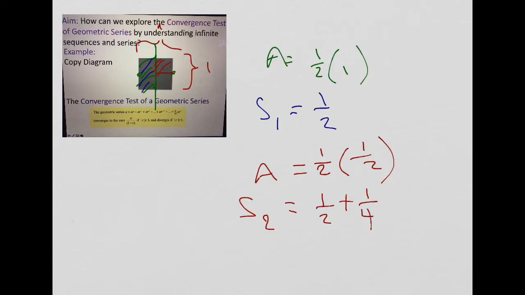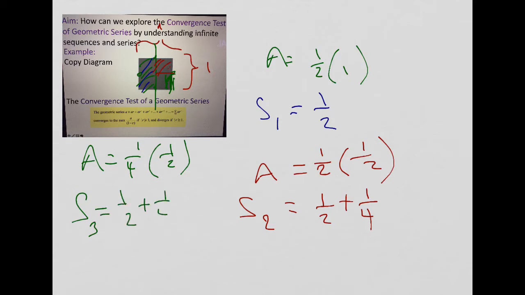And basically, I'm going to keep doing this kind of diagram. Let's say I want this piece done in, okay? So that seems to be 1/4 times 1/2. Okay, so the sum of my areas now is 1/2 plus 1/4 plus 1/8. And we can keep going.